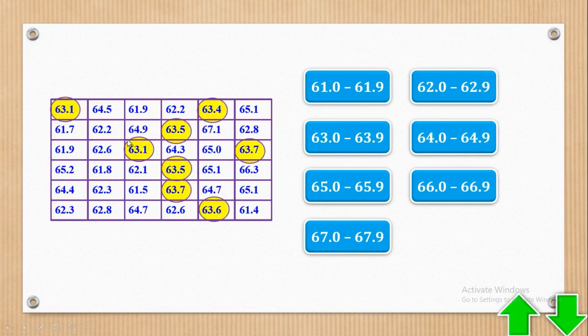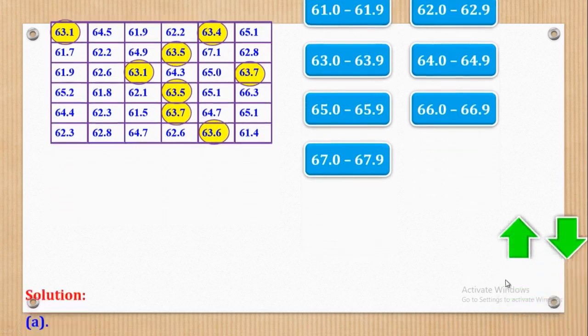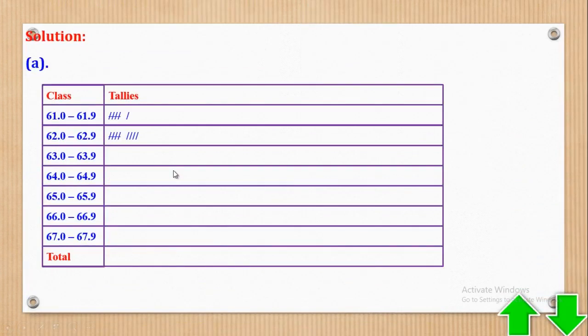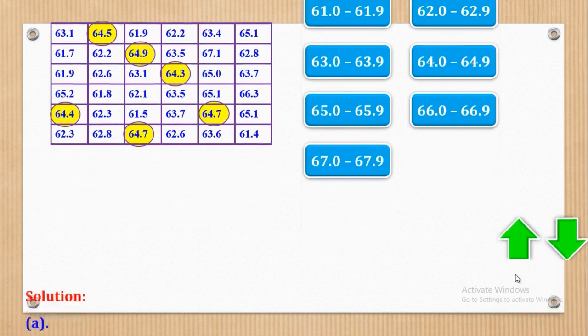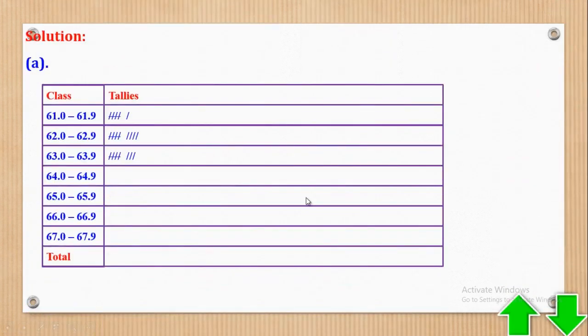That is 1, 2, 3, 4, 5, 6, 7, 8. So you come and put tallies corresponding to 8. The next is 64.0 to 64.9. There is 1, 2, 3, 4, 5, 6. So you come and put tallies corresponding to 6.